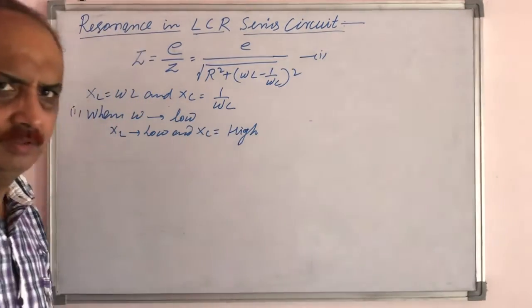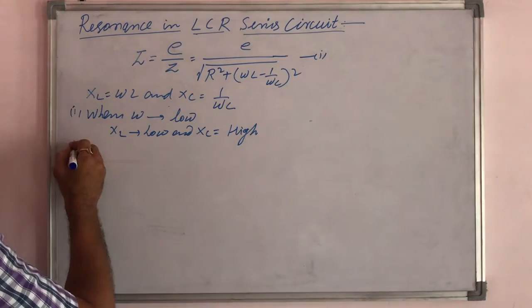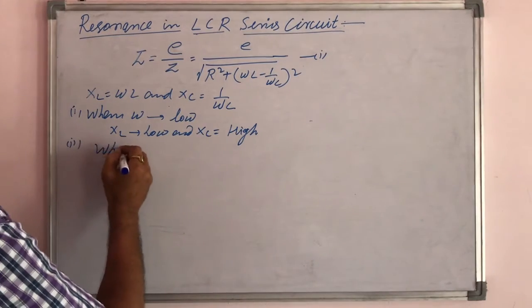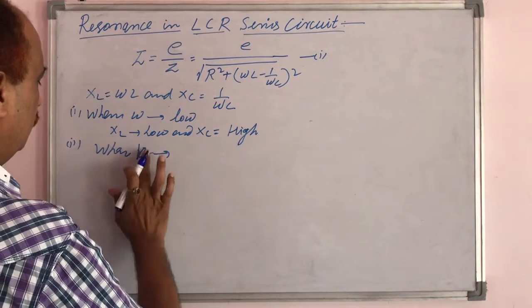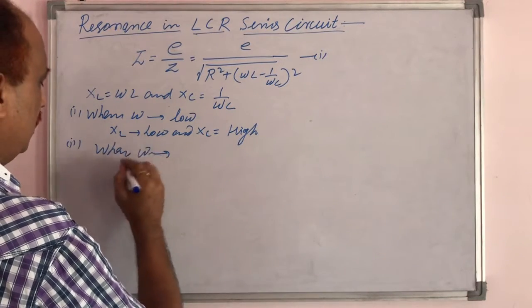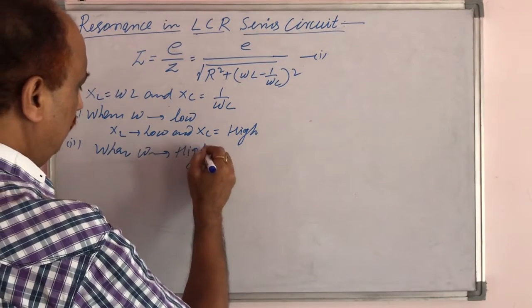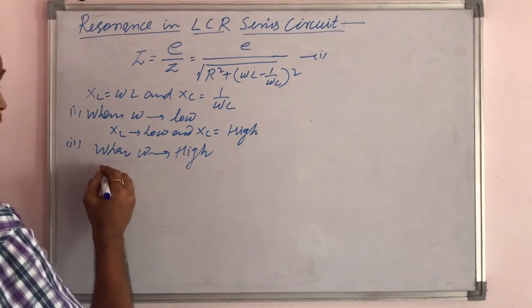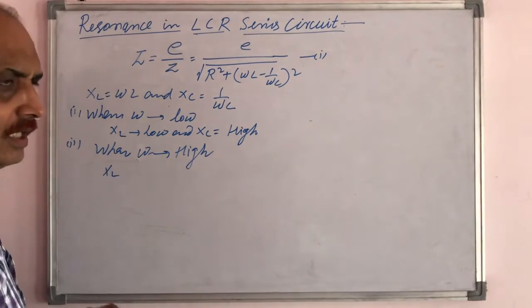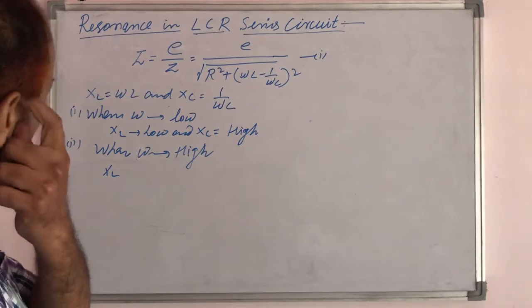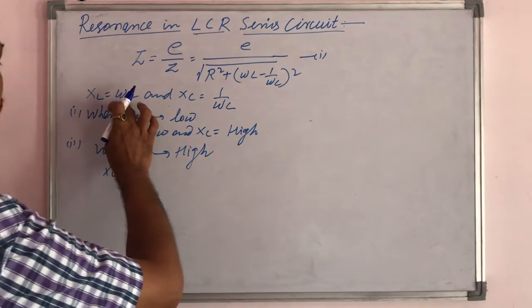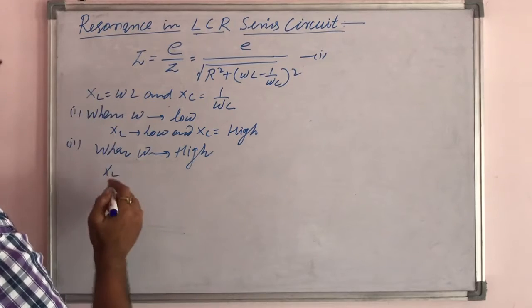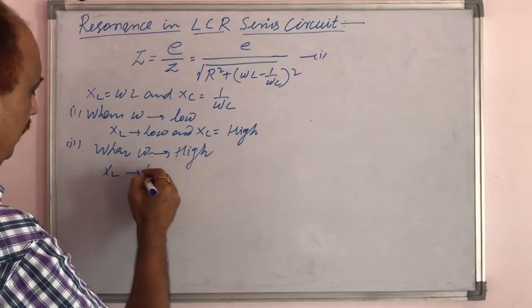Now in the second situation, when omega is taken as a high value, what will be the change in XL, that is inductive reactance? XL is equal to omega L. If omega is increased, the product omega into L will be increased, so XL will be high.